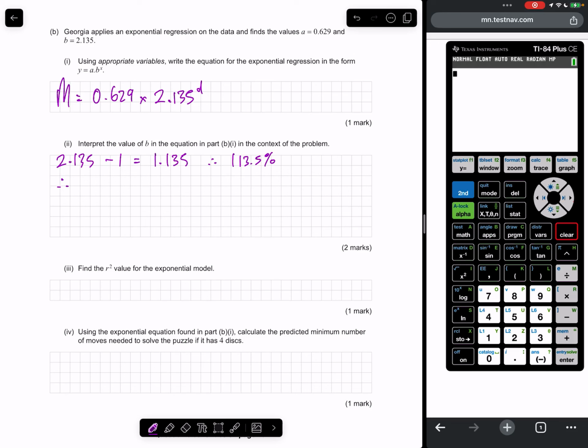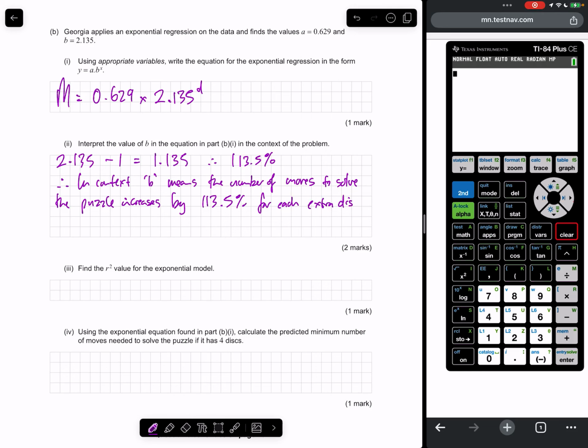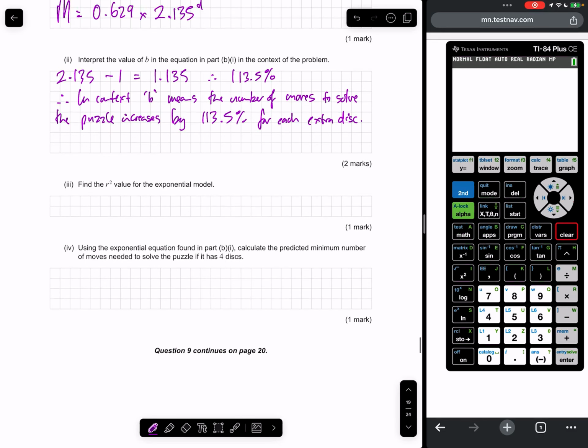Therefore, in context, b means the number of moves to solve the puzzle increases by 113.5% for each extra disk.